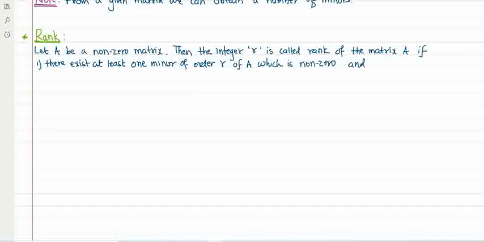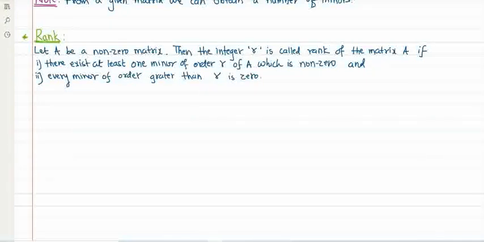The first condition says that there is at least one minor of order r which is not zero. And the second condition says that every minor of order greater than r must be zero.